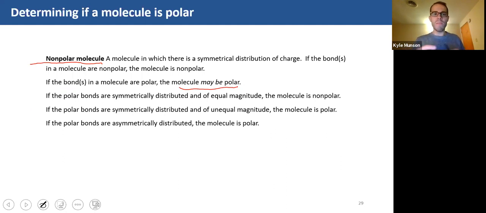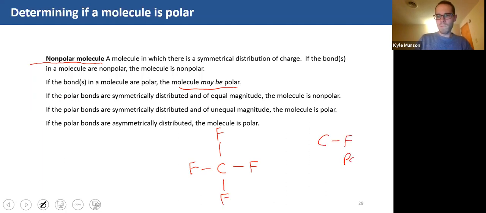For example, if the polar bonds are symmetrical, distributed with equal magnitude, the molecule is nonpolar. One way we could think about that is, let's say we had a carbon fluorine bond here. This may be an example on the next slide, so I might be giving it away. By itself, the carbon fluorine bond is polar, which means the fluorine is pulling electrons away from the carbon.